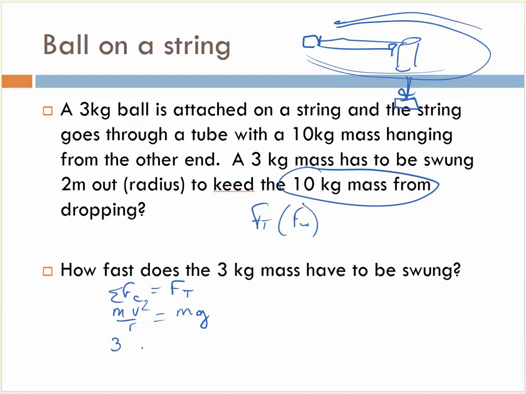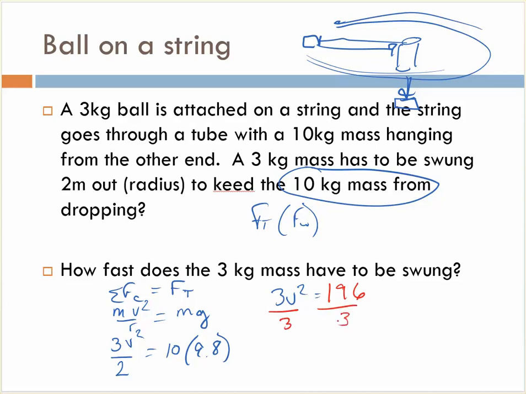3. We want to know the velocity. The radius, they tell us, is 2 meters out. And the mass of the second object is 10. And gravity is obviously 9.8. So we get, I'm going to multiply by 2, which gives me 3v squared equals 98. 10 times 9.8 is 98. 98 times 2 is 196.